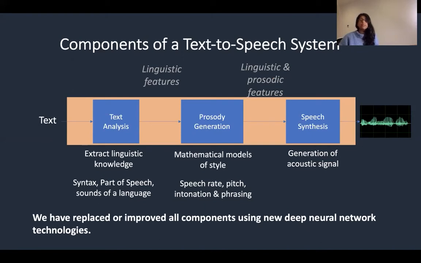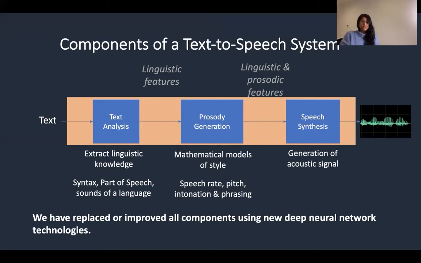And the third is the speech synthesis component, which takes in both the linguistic and prosodic features and produces the final acoustic signal. And over the years, all of these components have either been completely replaced or significantly improved upon by deep neural network technologies.